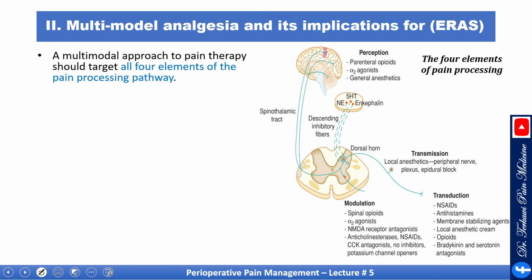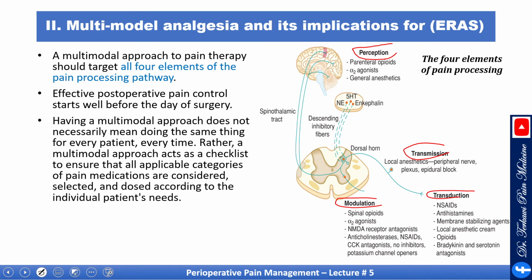It's important to go back to the first lecture and remember the 4 elements of pain processing: transduction, transmission, modulation, and perception. When you are building a multimodal analgesia, it's very important to keep in mind to cover these 4 elements.